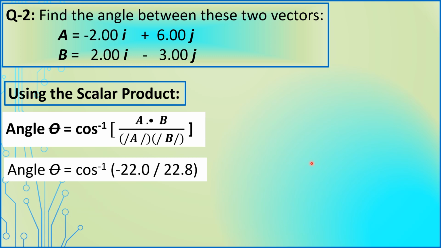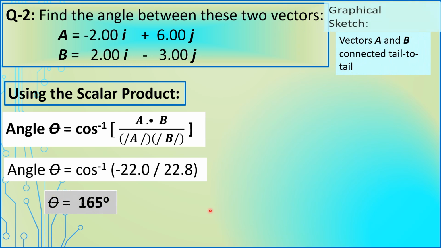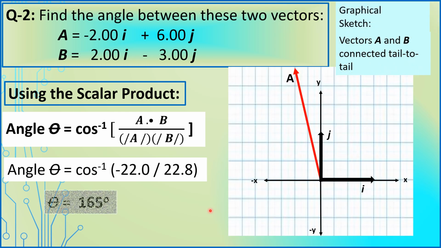So, to have a better picture of these two vectors and where this angle theta is, we have the graphical sketch. Vector A is represented by the red arrow.